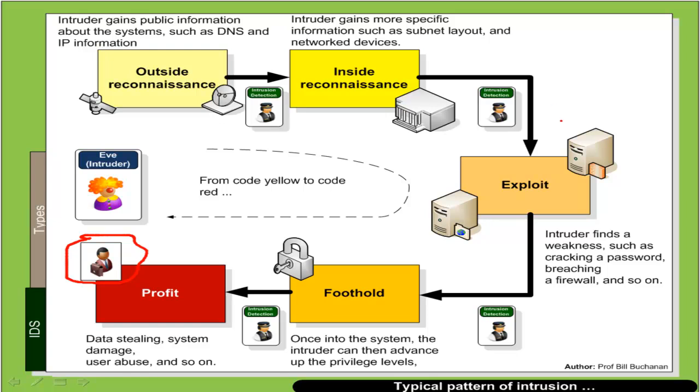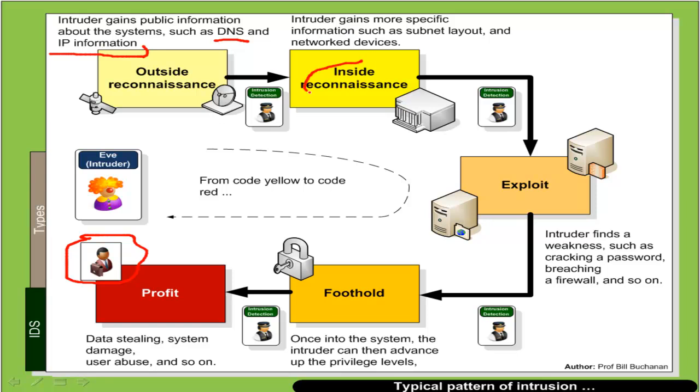So an intrusion detection system will try and detect each of the phases of an intrusion, and typical phases include outside reconnaissance. That might be someone gaining DNS or IP information on the network.